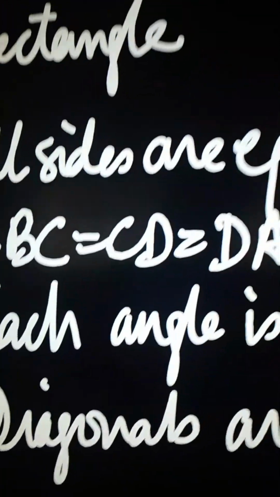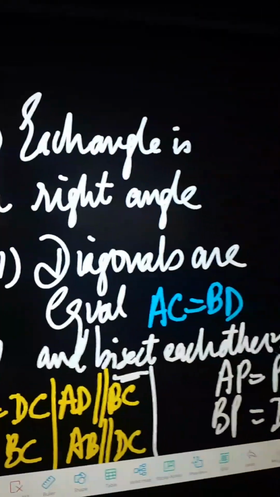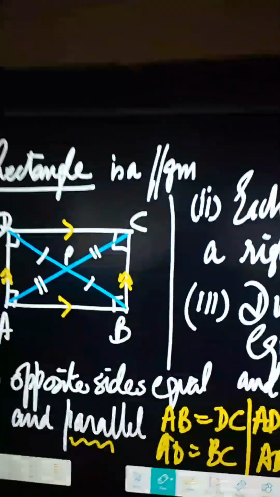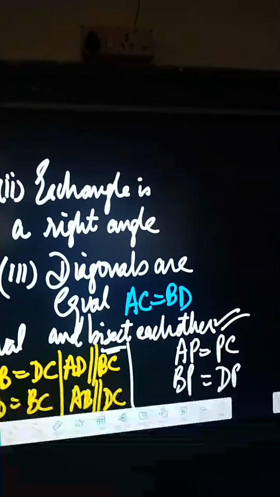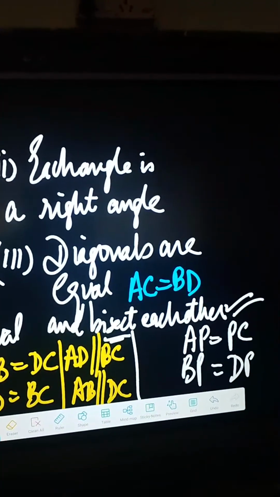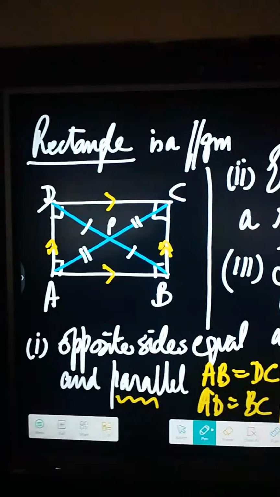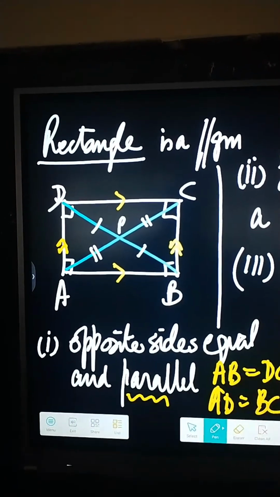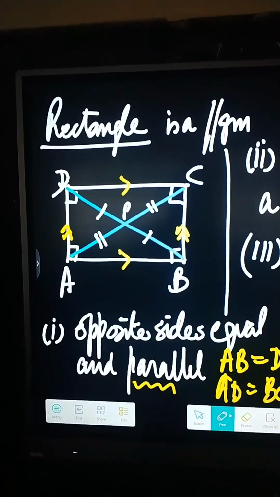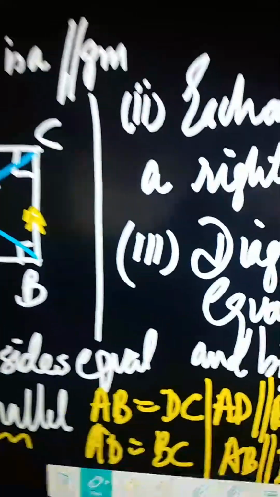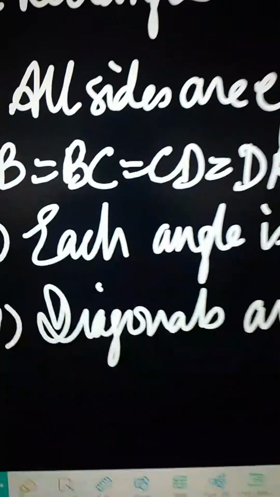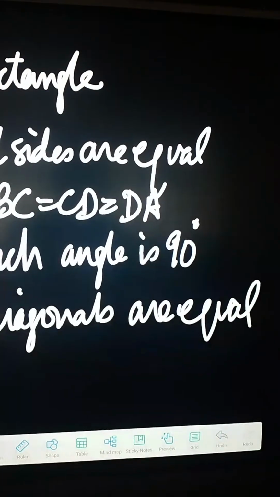In a rectangle also we said that diagonals are equal. This was the rectangle, and in a rectangle I said diagonals are equal. So then how is a square different from a rectangle?